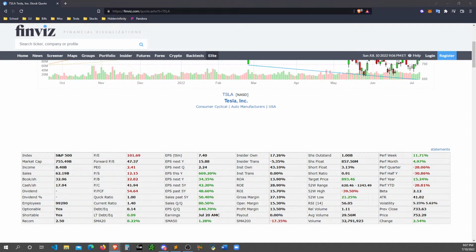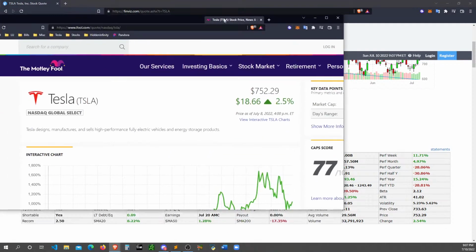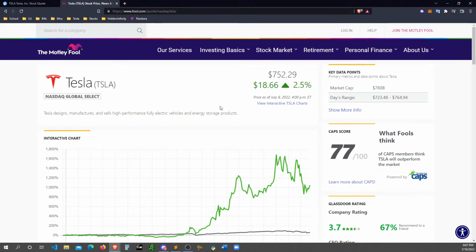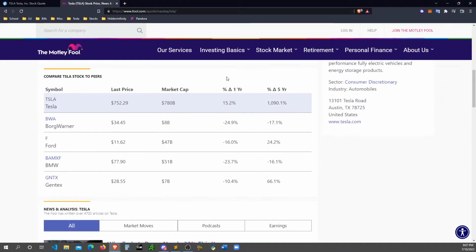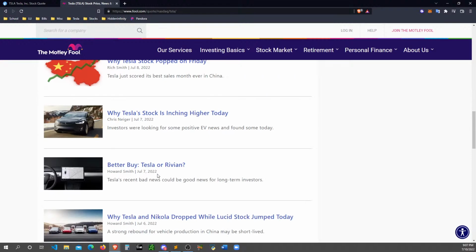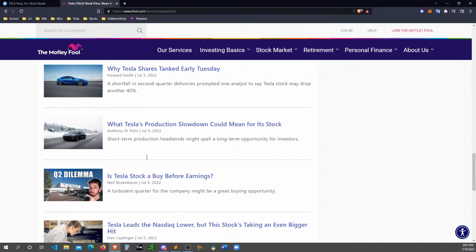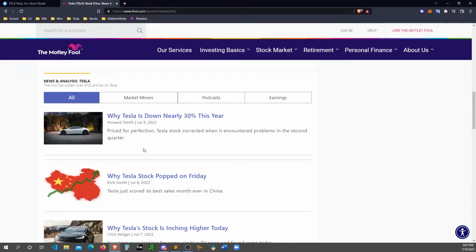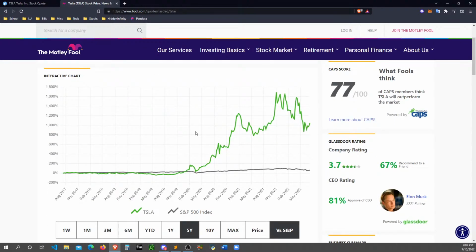If I go to Motley Fool, it's more like news. If I look at Motley Fool, you've got a bunch of news here that's specific to Tesla, right? Which is basically what I pulled up here.